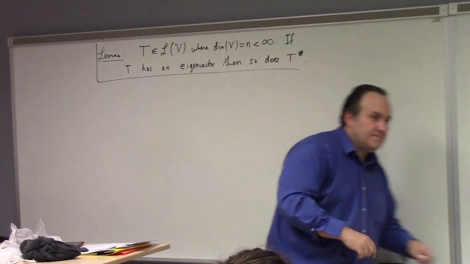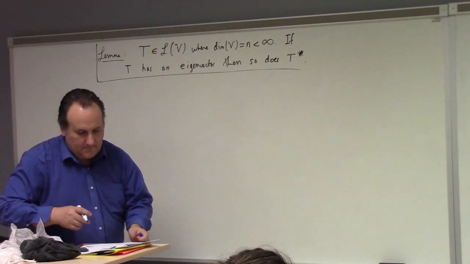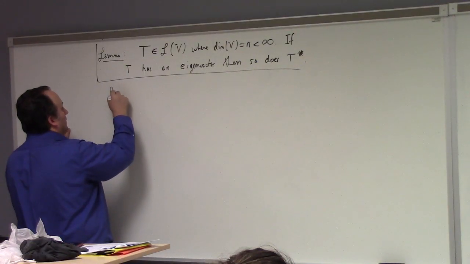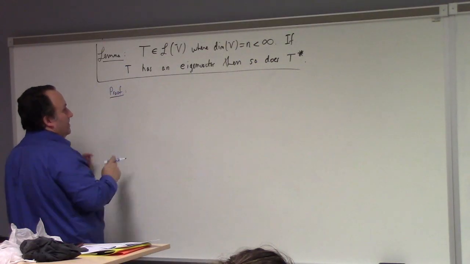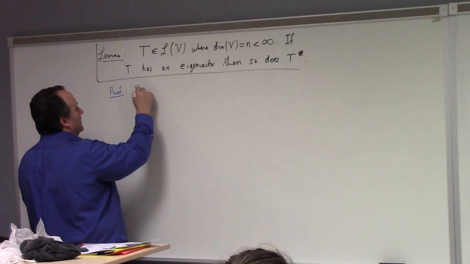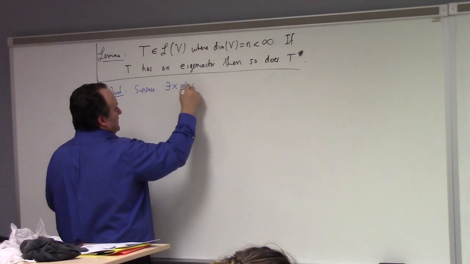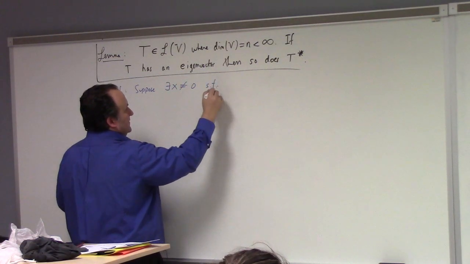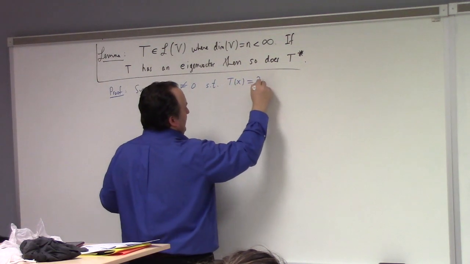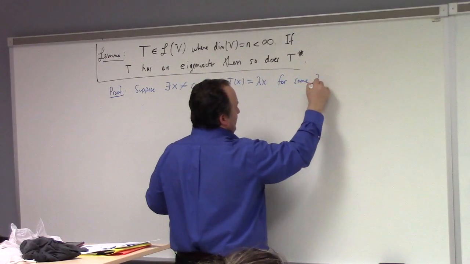So let's work through this. I start by saying, suppose there exists x not equal to 0 such that T of x is equal to lambda x for some lambda in the field, right?